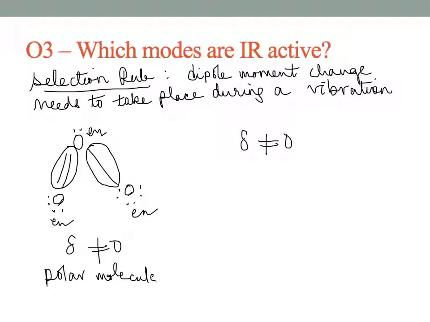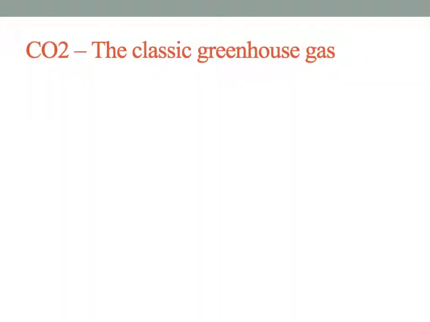So the first thing to understand is that if a molecule already has a dipole moment, then yes, it is IR active. Carbon dioxide is sort of special because when you draw the Lewis structure of carbon dioxide, this is what I come up with. And we find that the electronegativity of carbon is 2.5 and of oxygen 3.5.